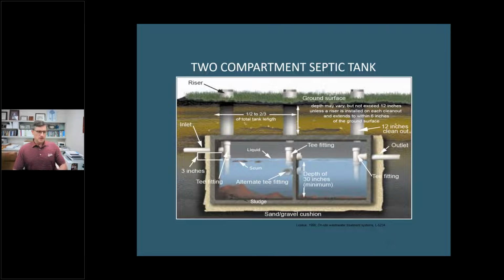And you notice here this sand gravel underneath the tank. I've seen a couple of constructions, and it depends, again, on who's doing the work. It's not always that way, and a lot of that can be based on the type of soils that the tank is being put in.